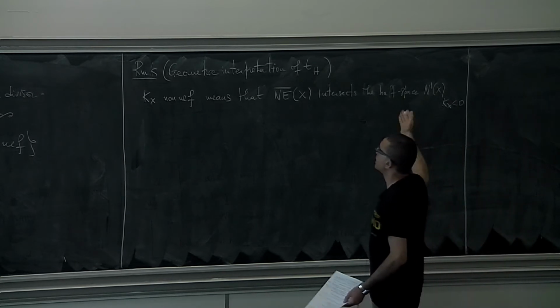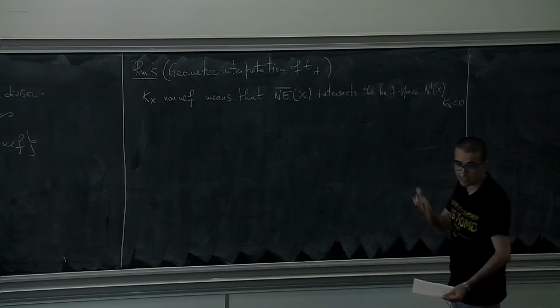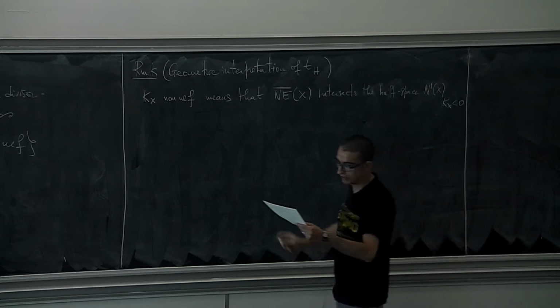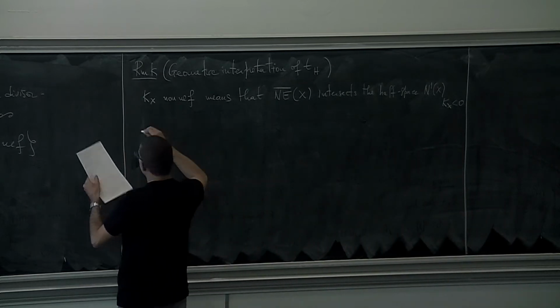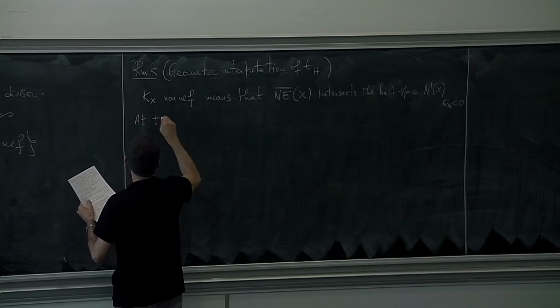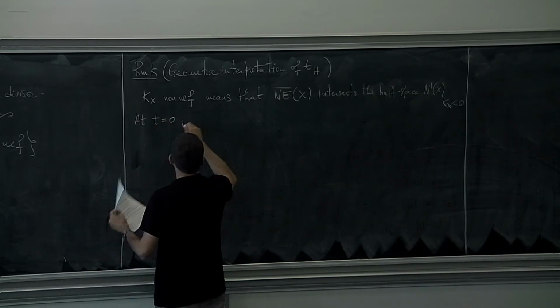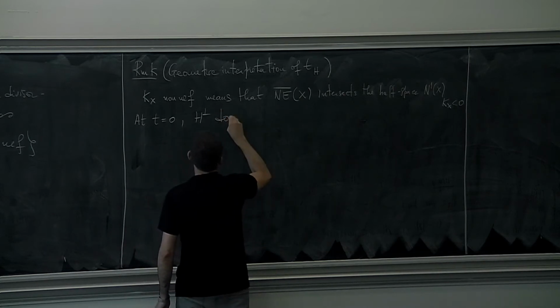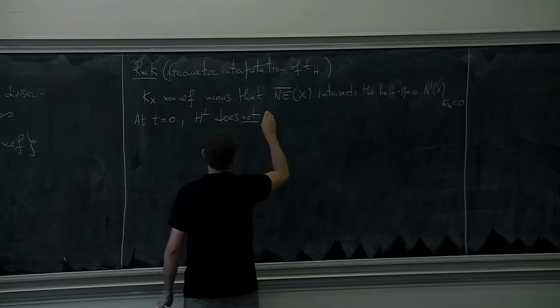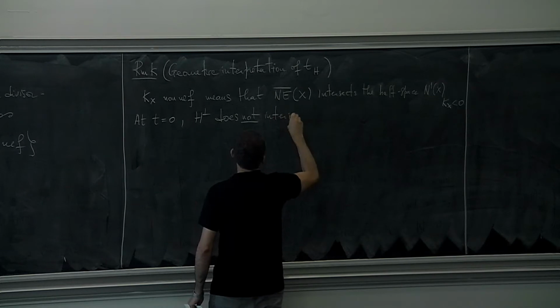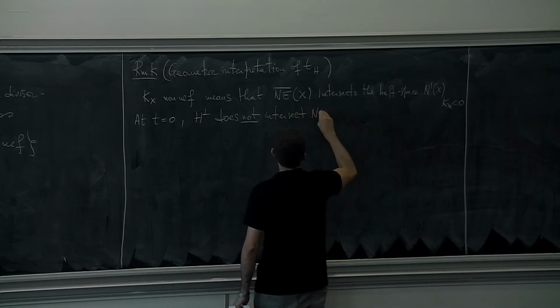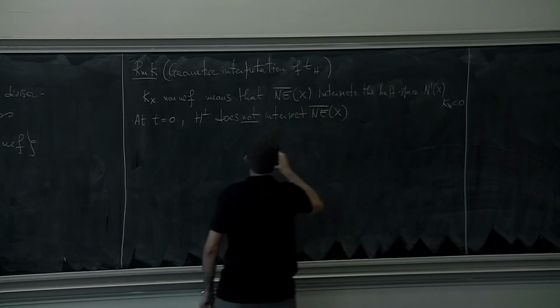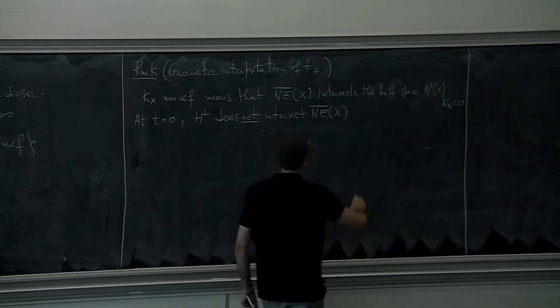Okay, there is a curve that has negative intersection with the canonical class. At t equals 0, this hyperplane does not intersect NE(X). This is because of the Kleiman criterion.